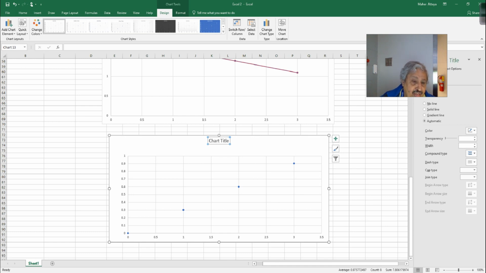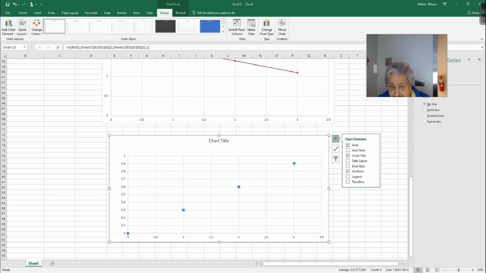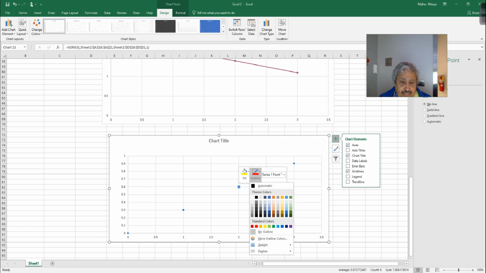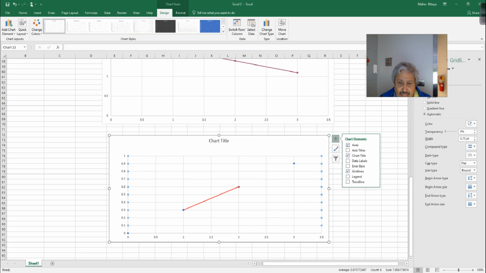You can add the title, the axis titles for the y-axis and x-axis, and you can add the outline. You can hit one of the dots here, right click and outline, red outline, correct. So then hit red. I don't know why it's acting as two series, although we had one.